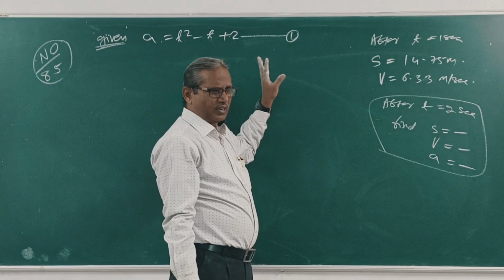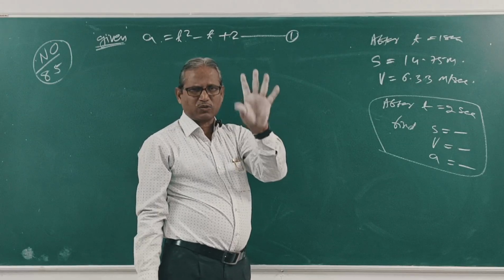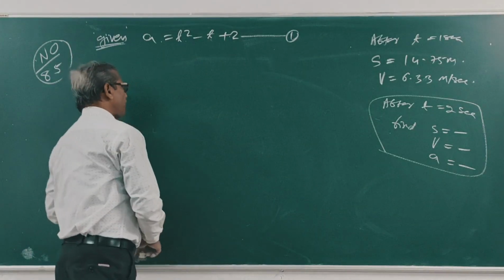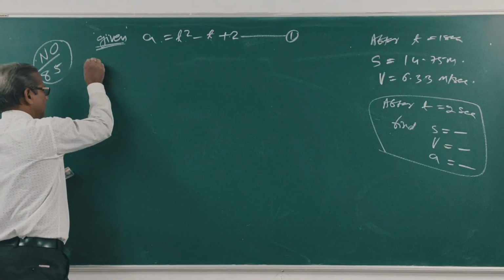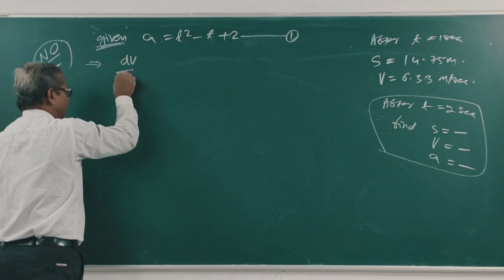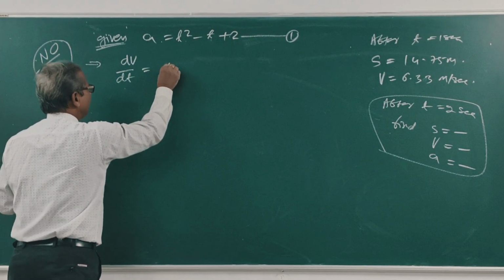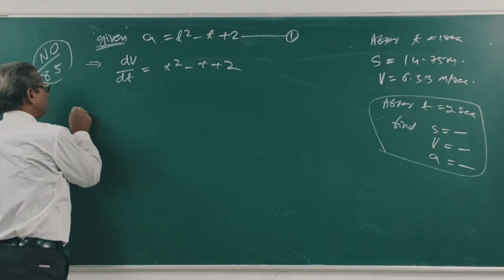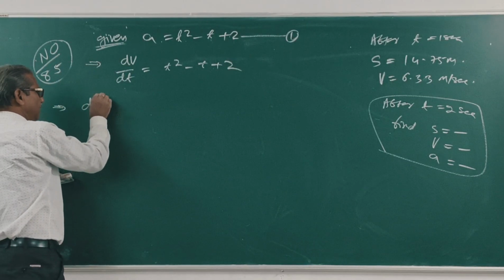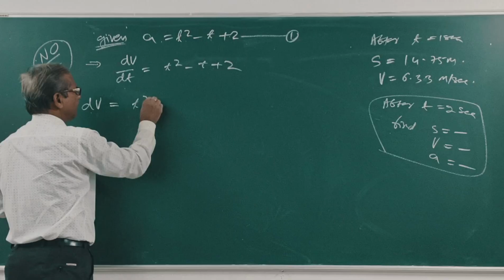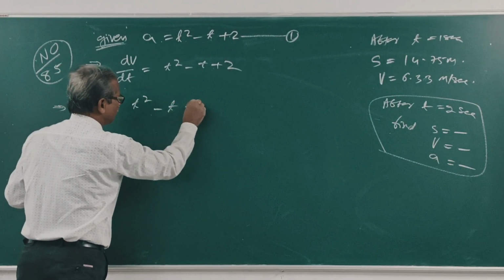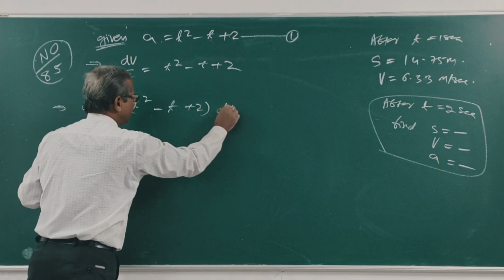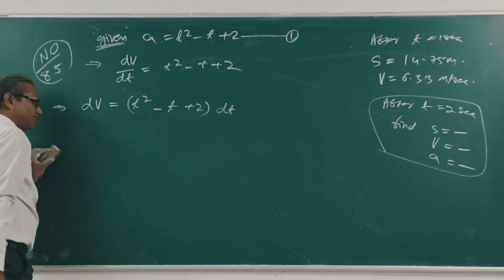So find velocity and displacement equations. Now, dv by dt is equal to T square minus T plus 2. This implies dv is equal to T square minus T plus 2 dt. Clear?